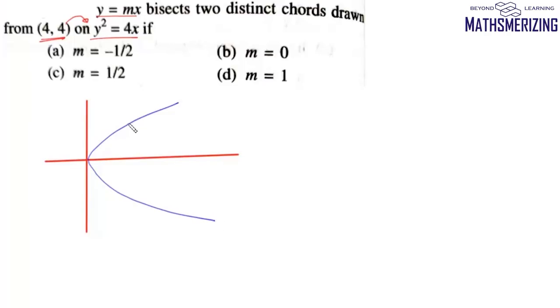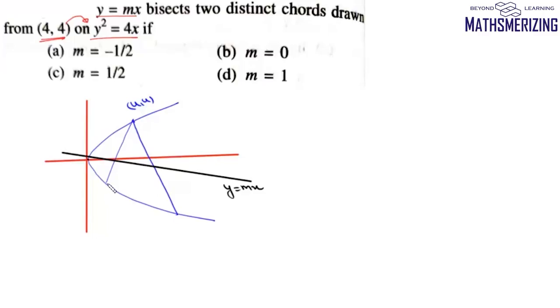And then we have this point (4, 4), and it says two chords can be drawn from this point, and this line y = mx bisects the two distinct chords. So we have this line y = mx, which bisects these two chords.